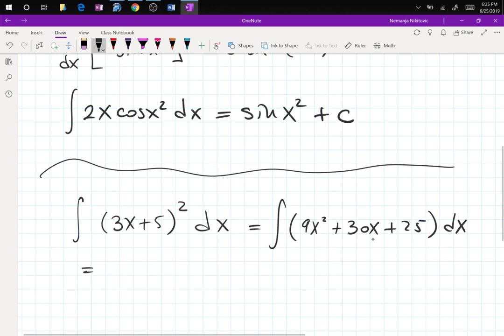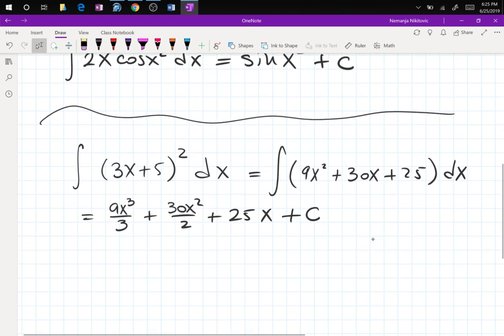And then you integrate each individual term. So you have 9x cubed over 3 plus 30x squared over 2 plus 25x plus c. And then you cancel what you can.